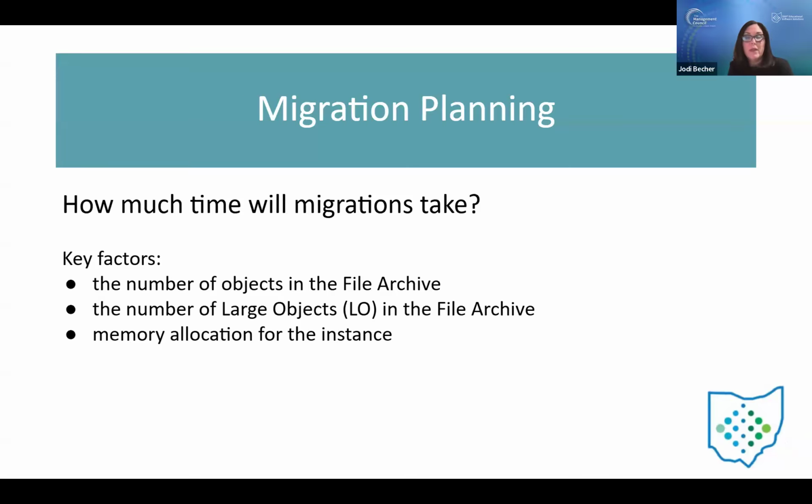And then the memory allocation that you currently have for your instance. When we were doing test migrations, I did run into a couple of situations where a district's memory setting, let's say for example, was at 6, and that is great for their everyday processing. Everything runs fine. They don't have any problems. But when I went to trigger migration, there were quite a few errors in the file.